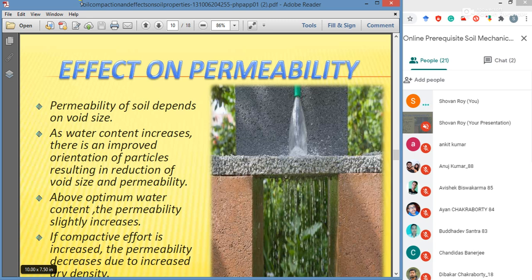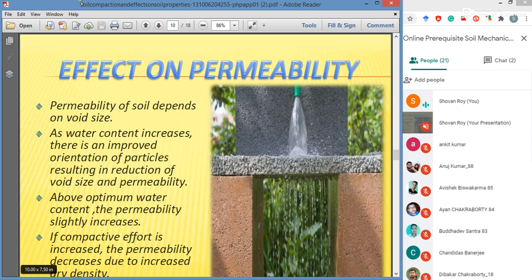That's why in the laboratory we perform different tests to calculate the coefficient of permeability for sand and for fine grained or clay soil, because of the different behavior and structure of the soil.